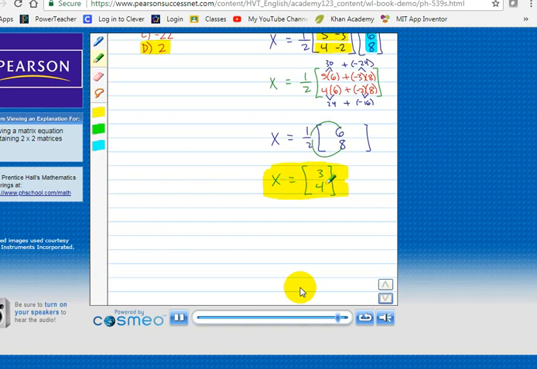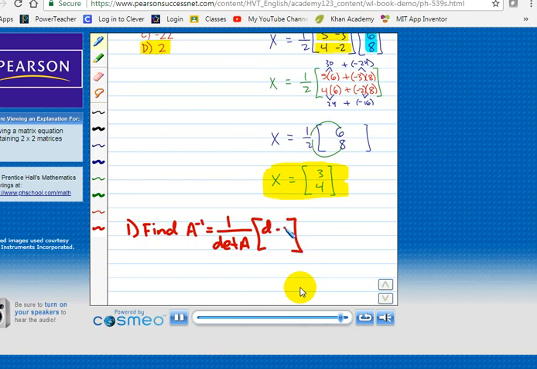Great job. Now remember the steps. Step 1 is to find the inverse of A, and you use the formula 1 divided by the determinant of A times the 2 by 2 matrix D, the opposite of B, C, the opposite of C, and A. And step 2 is if your matrix is in the form A times X equals B, then X equals the inverse of A times B. And use that to solve your matrix equations.